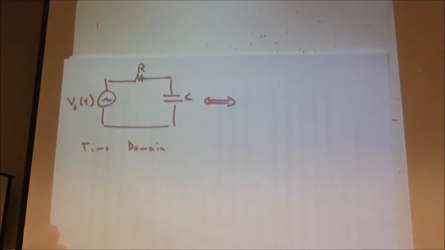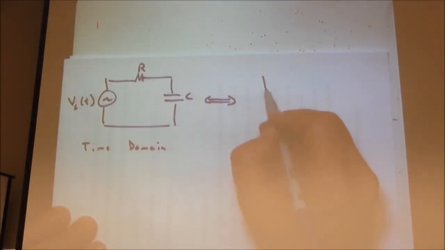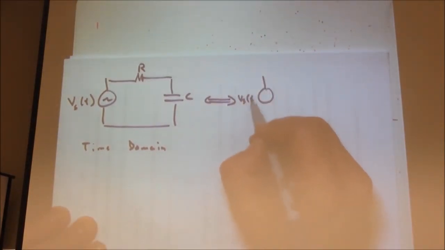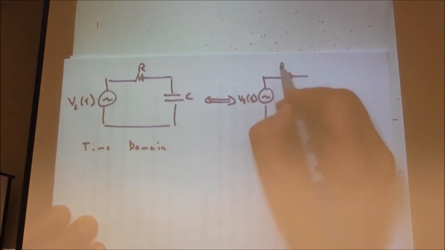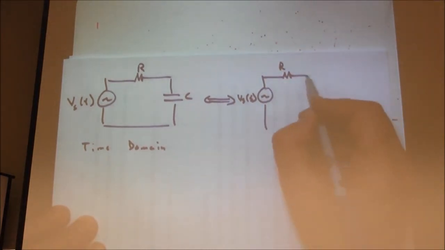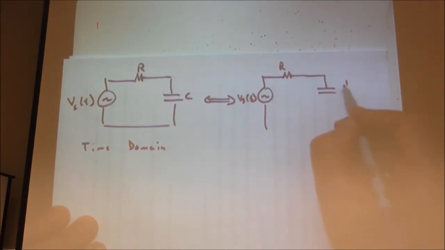What does our equivalent S domain circuit look like? Well, if we don't know what the initial conditions are, this is now the source of S. The impedance of the resistance is still just R. This is 1 over SC.